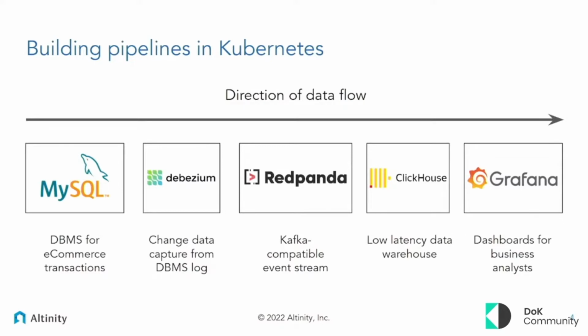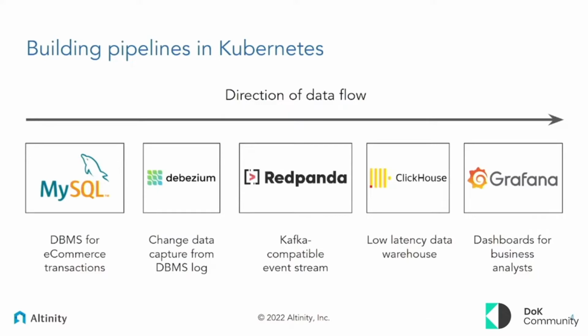Those committed transactions are then extracted using a project called DBMS, which can do change data capture from the MySQL bin log. DBMS turns around, and as it extracts each transaction, it puts it into Red Panda, which is a very efficient, very fast, Kafka-compatible event stream.